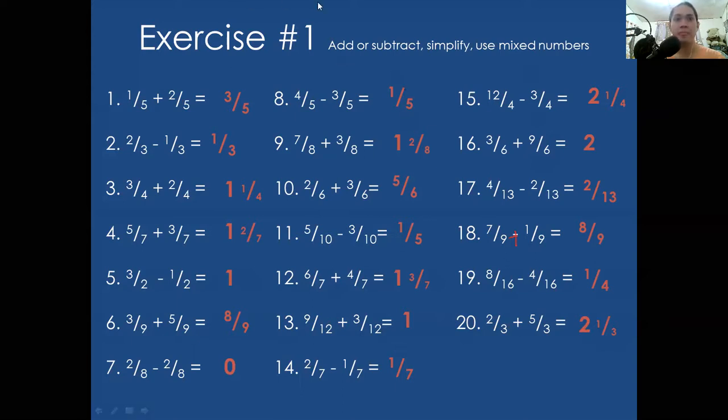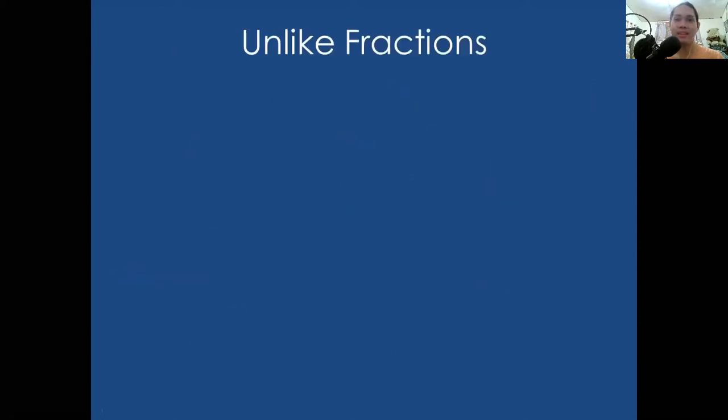So now we talk about adding and subtracting similar fractions. Now our concern next is, how about if the denominators are not the same? Are we going, or can we add or subtract them? Okay, let's do the unlike fractions, or we call it the dissimilar fractions.